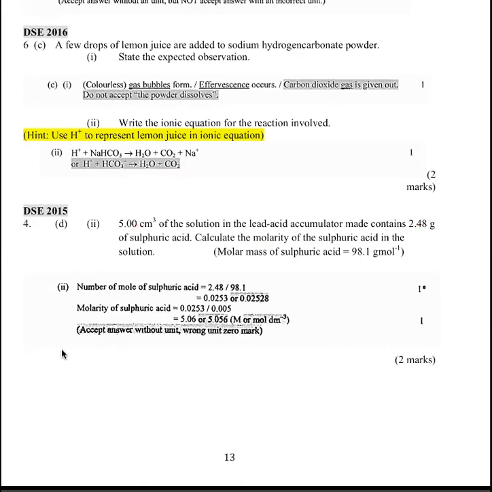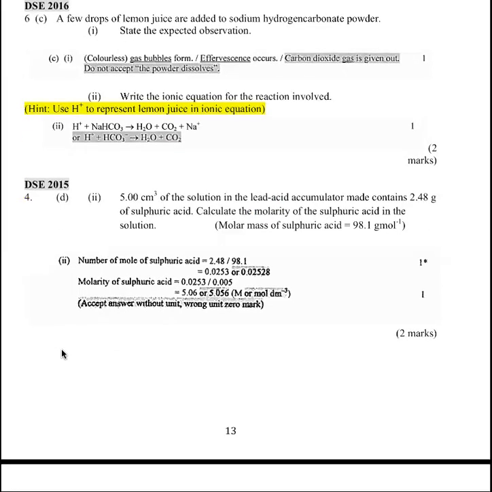So concentration can be expressed in gram per dm cube or mole per dm cube, but for molarity, only in mole per dm cube. So pay attention to the terms. Can I move on?